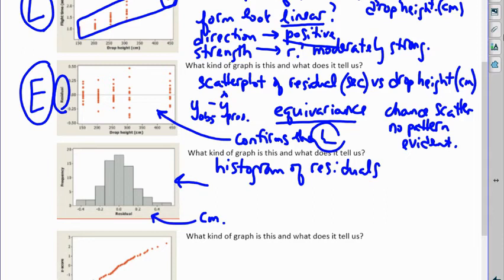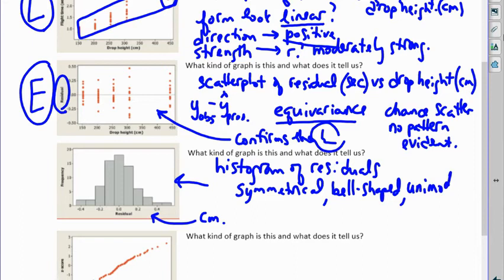And in this, I'm looking for it to be symmetrical, bell-shaped, unimodal, and that is looking at our shape, outliers, center, spread. I don't want any outliers, and that is going to satisfy the normality condition, so that is satisfying our N.